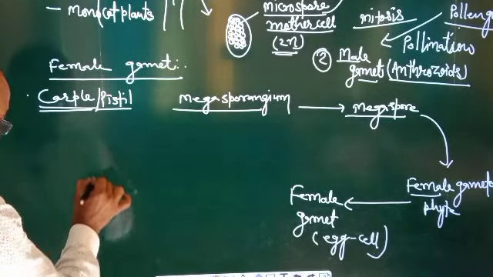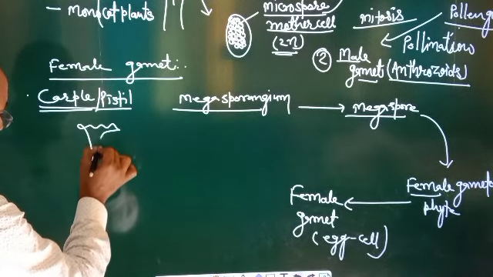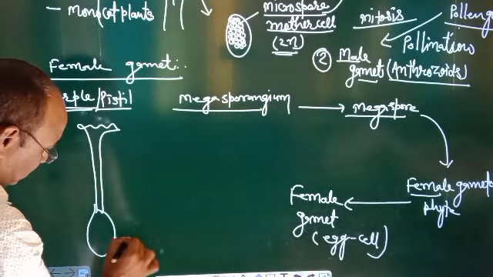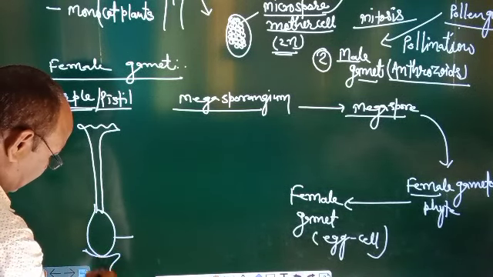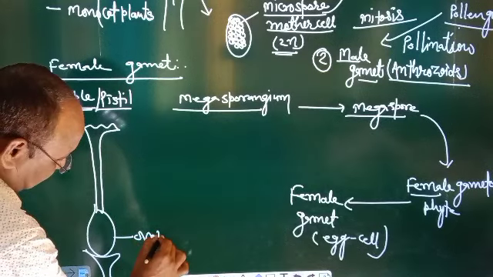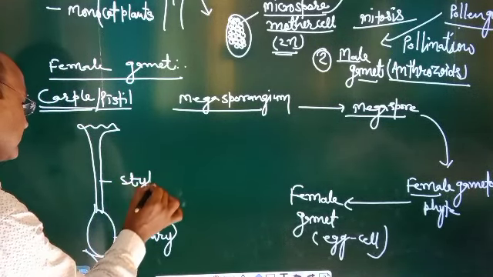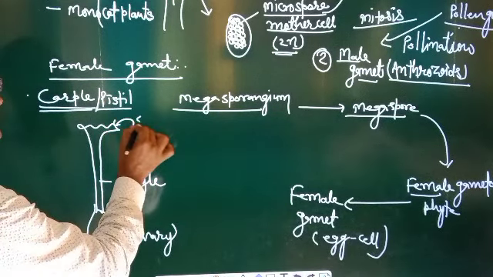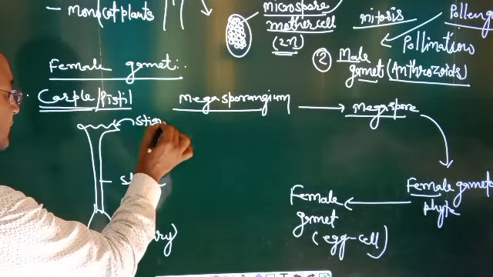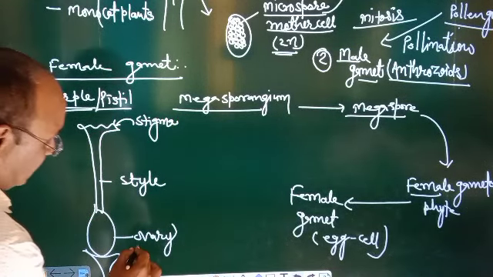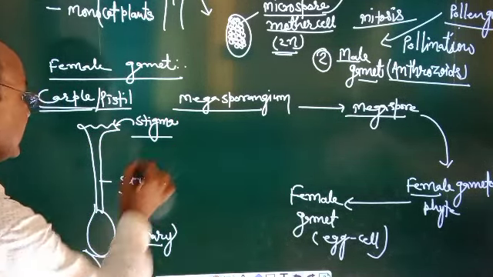So it is carpel or female reproductive organ. This part is known as ovary. This is called style, and the topmost part is called stigma. So I can say carpel is divided into 3 parts: ovary, style, and stigma.